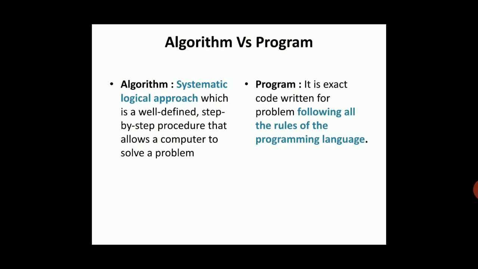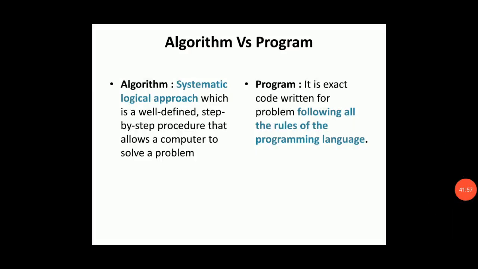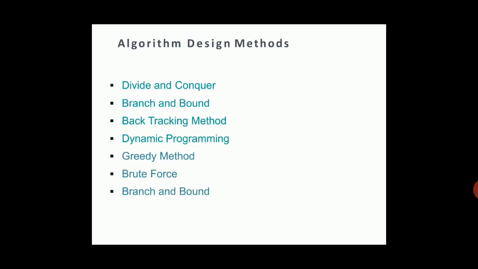And what is a program? A program is the exact code. Okay, and we implement this and find the result. So it is exactly written for a problem, following all the rules of the programming language, and finding our solution. So this is the basic difference between an algorithm and a program.